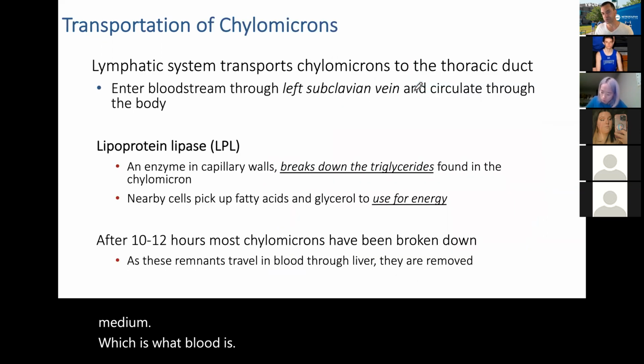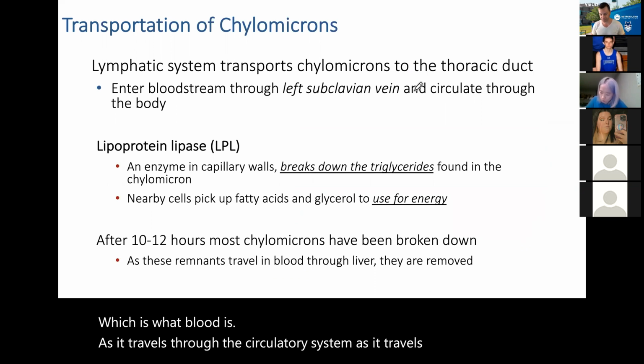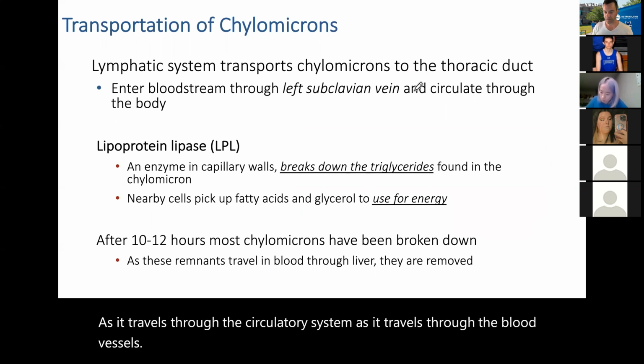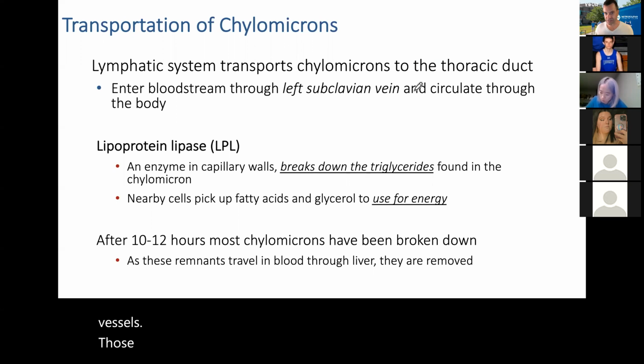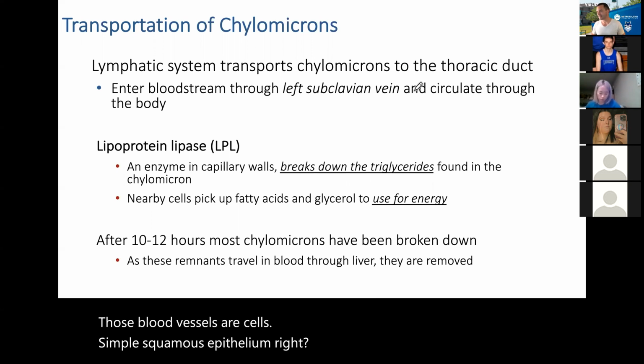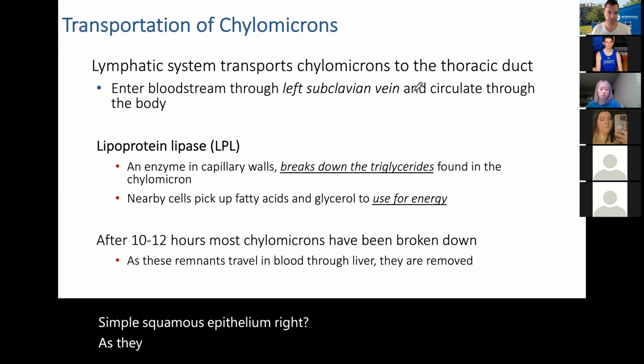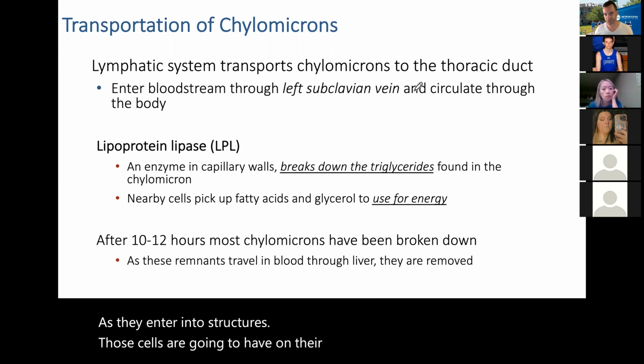As it travels through the circulatory system, as it travels through the blood vessels, those blood vessels are cells. Simple squamous epithelium, right? As they enter into structures, organs, those cells are going to have on their surface receptors for this lipoprotein.